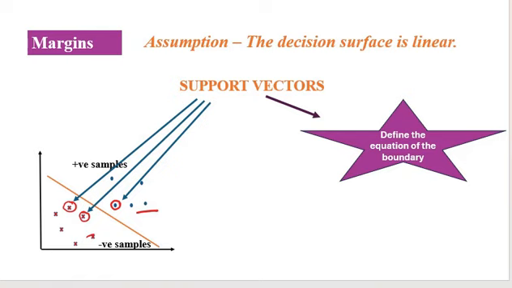We are assuming a linear decision surface, and such samples which are closest to the decision surface are called the support vectors, and these also define the equation of the boundary. So they are very important for this classifier, and these are also the defining samples for the decision boundary.